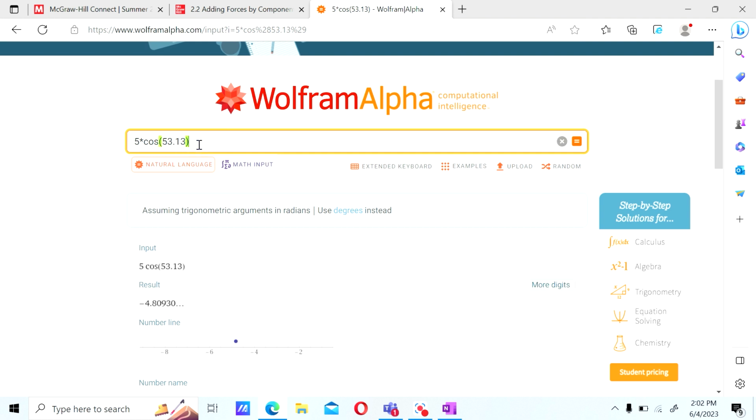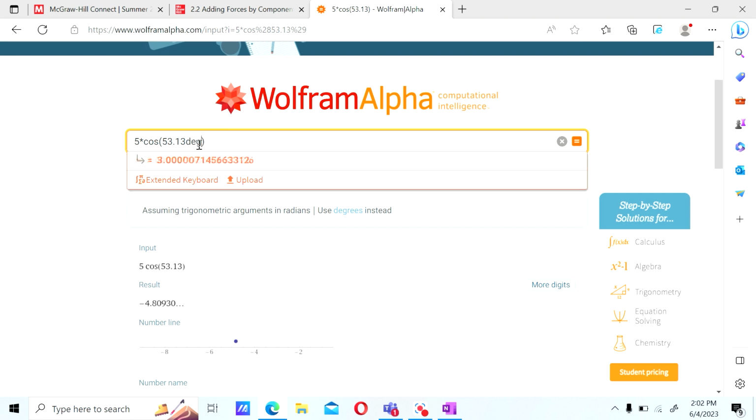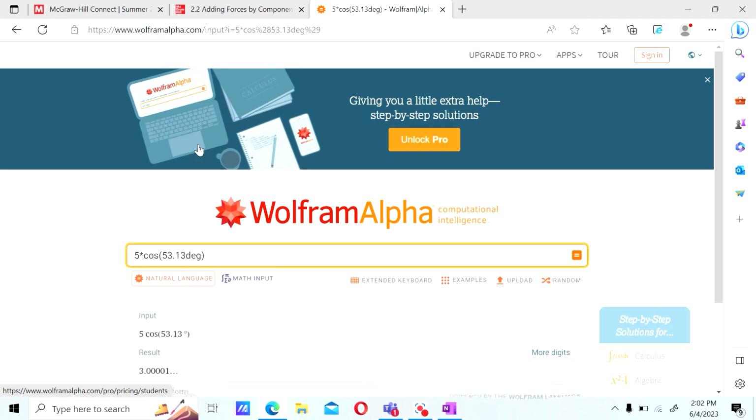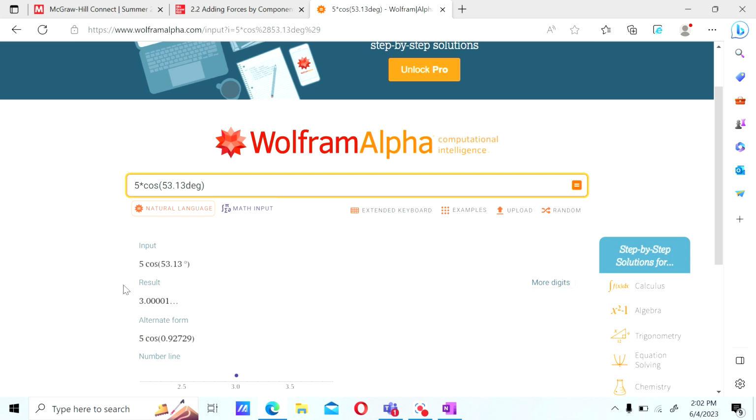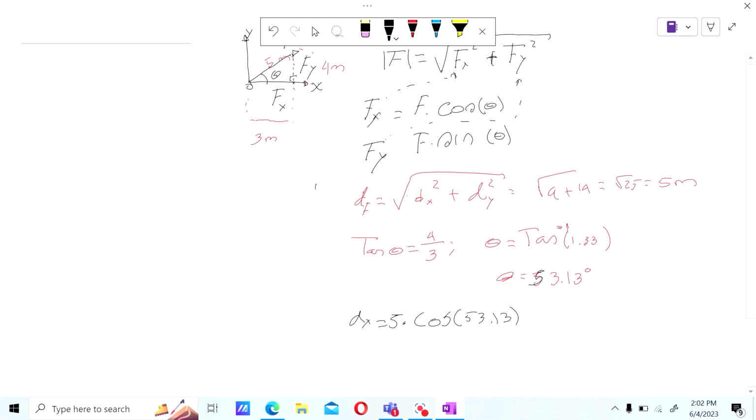But we don't mean radians, we mean degrees. So if you want degrees, just type degrees, because the symbolic calculator of Wolfram Alpha is that smart. There you go. So it's 3.0000. So this indeed is 3 meters.